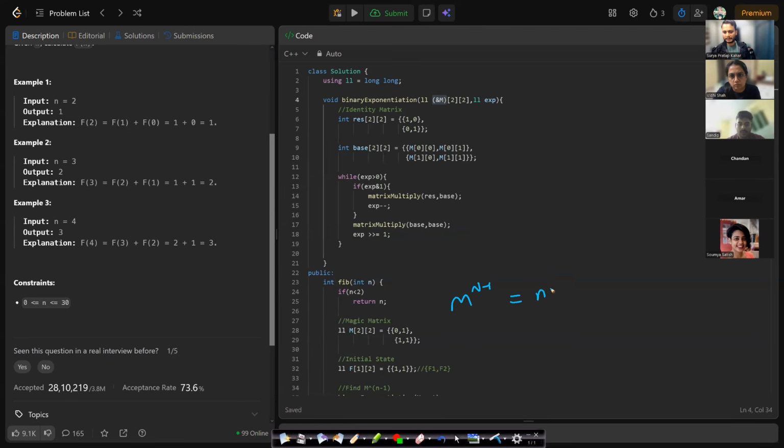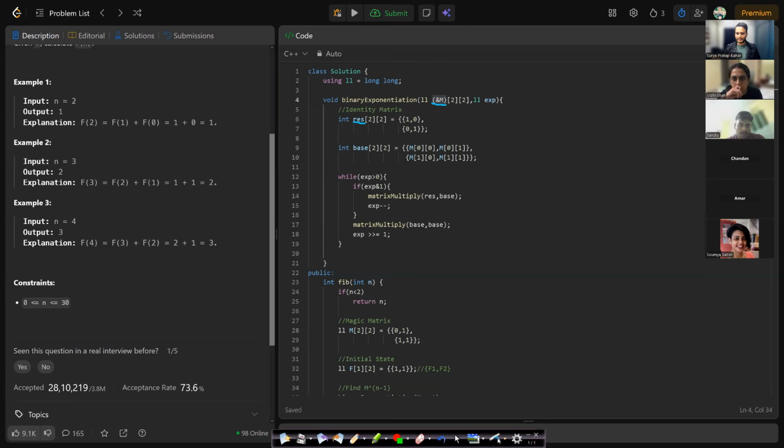So M should show the changes in the main function, in this Fibonacci function, right? So if it has to show the changes, then I will have to copy the result into M, because result has the final answer, right?